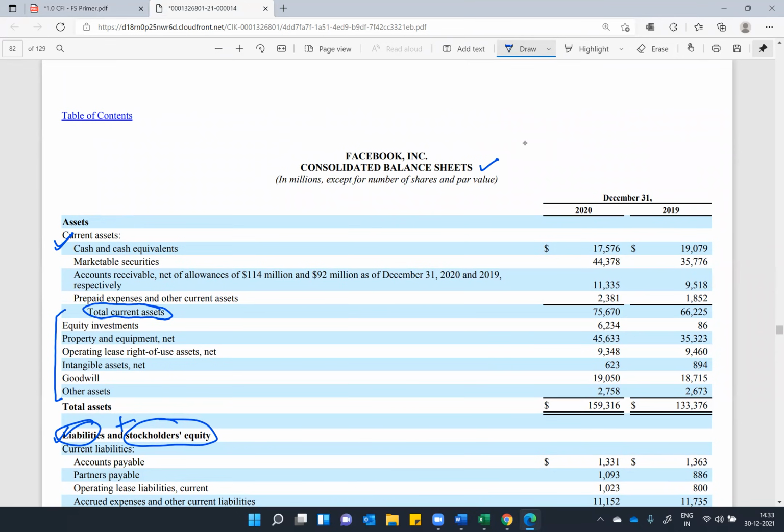The definition that we have for current asset is anything which can be liquidated in less than or equal to 1 year, or the service can be utilized in less than or equal to 1 year. All the benefits that you are going to receive are going to be less than or equal to 1 year. That's the reason why they are called fairly liquid compared to the other part of your asset side.